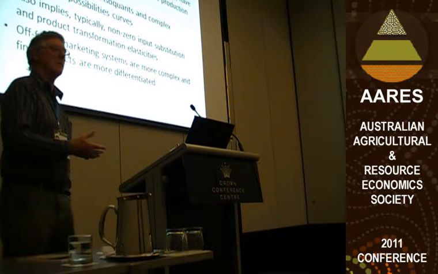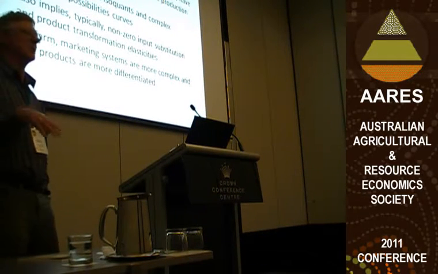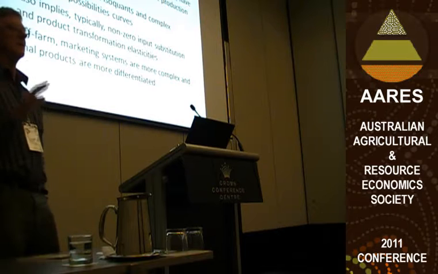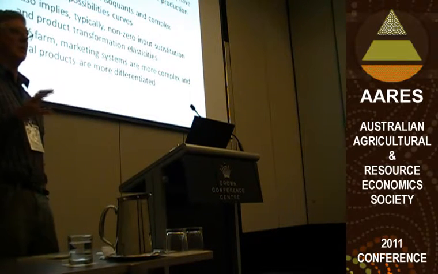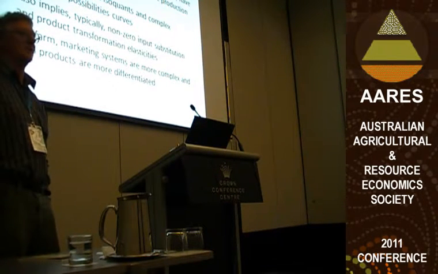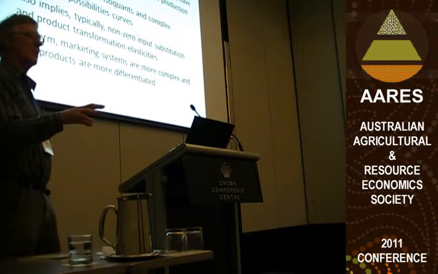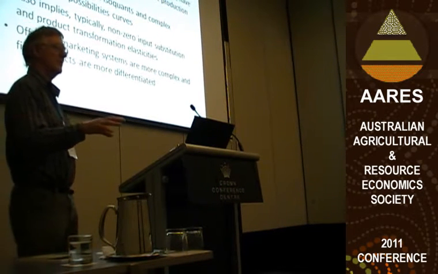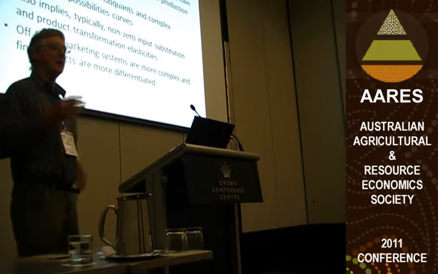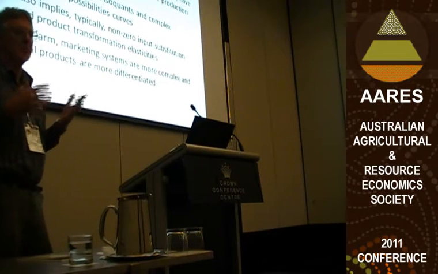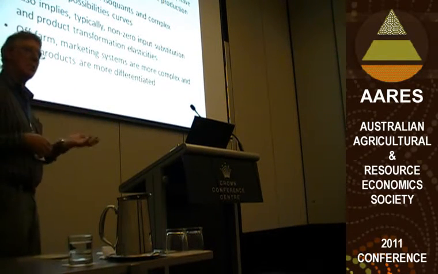Some of those are constrained by things like rotations and environmental factors, but typically if you've got a complex system with a complex production function behind it, you've got non-zero input substitution elasticities and non-zero output transformation elasticities. People change the mixes of inputs and outputs as prices change.